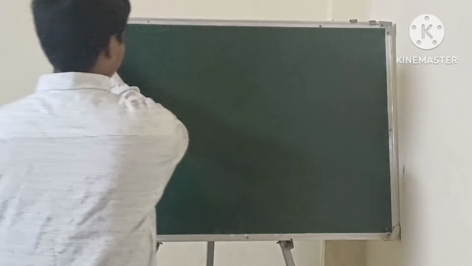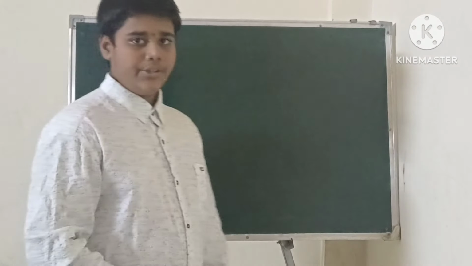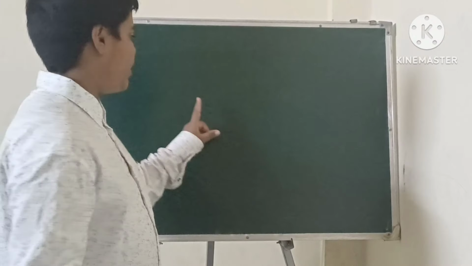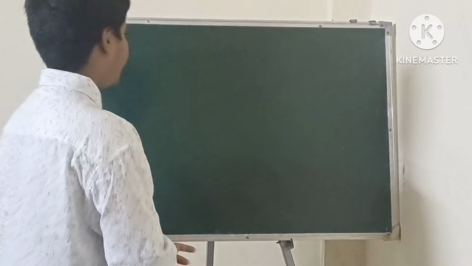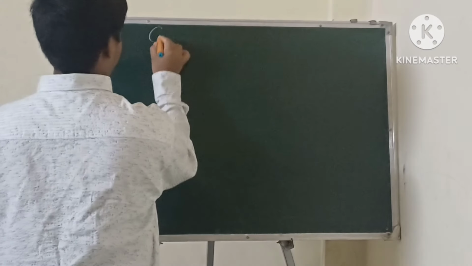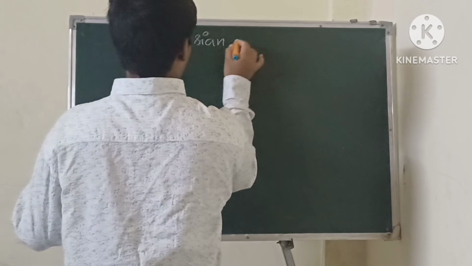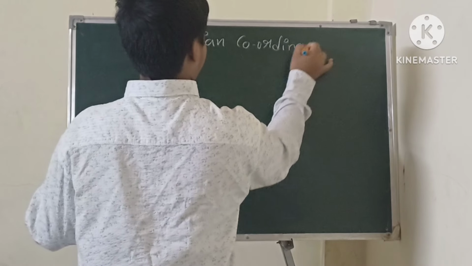And the next topic, we learned the unit vector. Unit vector means the main point is that its magnitude is 1. Now the Cartesian coordinate system.